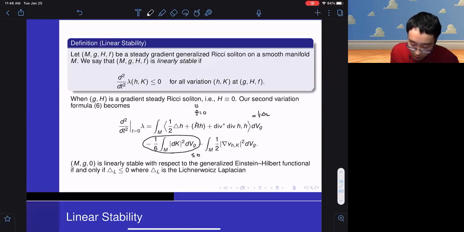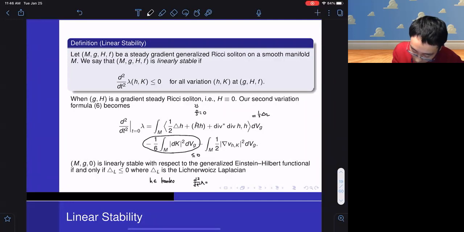So if you just focus on the kernel divergent part, if H only lies in the kernel divergent part, our second variation formula of lambda is actually half of the Ricci-Nova's Laplacian HH minus 1 over 6 dk squared, in the function f dvg.